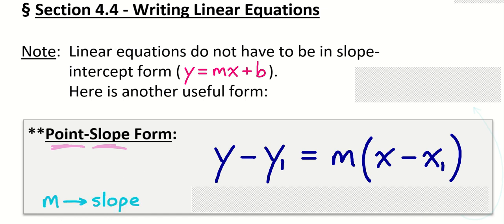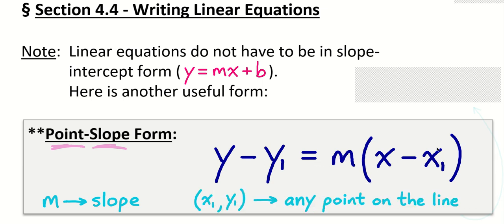Because in this form, whatever number is in this spot, your m, well, that's obviously your slope, just like up here, just like in a lot of situations, m represents slope. And the other thing is the x1 and the y1 together, so x1 comma y1, together they form an ordered pair, which is going to represent just any point on the line. So x1 and y1 together would represent any point that you could find on this line.